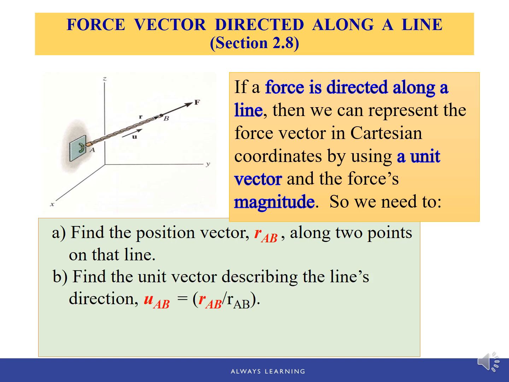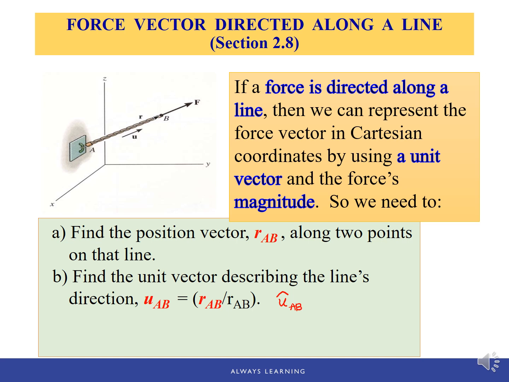The next step, we can find the unit vector describing the line's direction. Unit vector U hat. Since this is printed, it doesn't have the hat on top of it. But if you're going to write the unit vector on your engineering paper, then you want to write U hat, subscript AB.